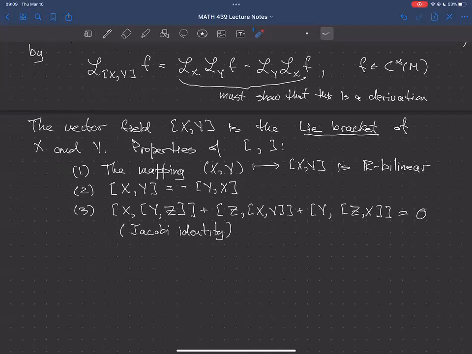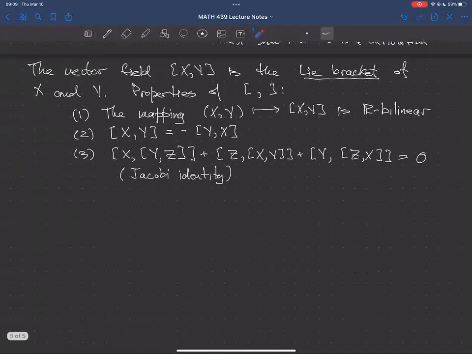In general, a vector space having these properties is called a Lie algebra. So you could say that the space of vector fields is a real Lie algebra. There are much simpler examples of real Lie algebras, for example the space of skew-symmetric n by n matrices. We've seen that before. That's a Lie algebra.